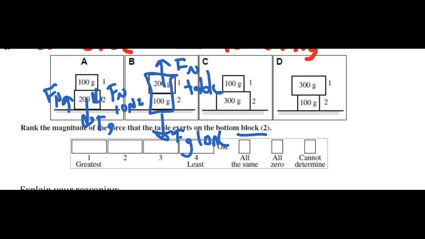If that setup works, then the force normal by the table equals the force of gravity of both of them. So the force of gravity of 1 and 2 equals the mass, which we would say is 400 times g as a constant. I would change this over to 0.4, but it doesn't really matter if they're all in decimals here.